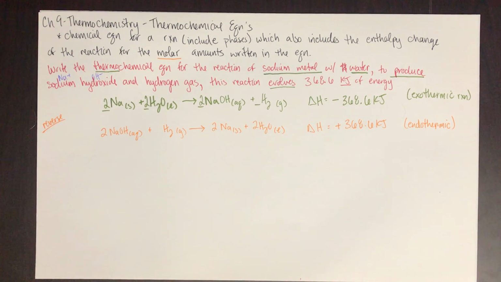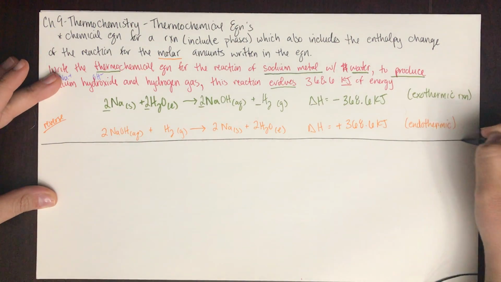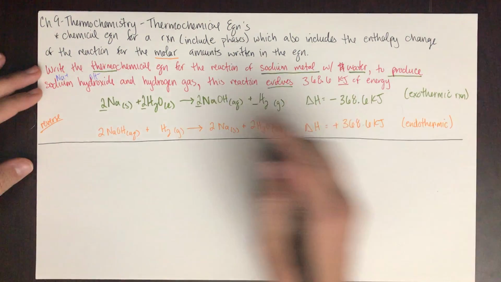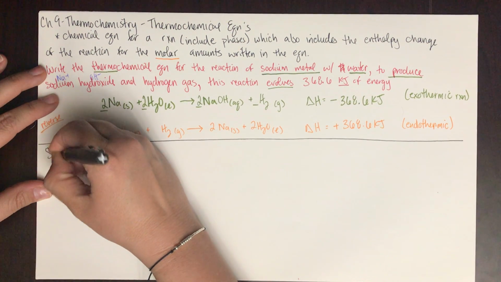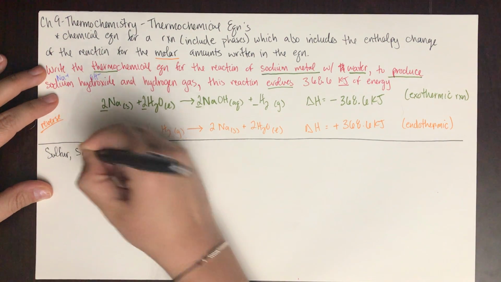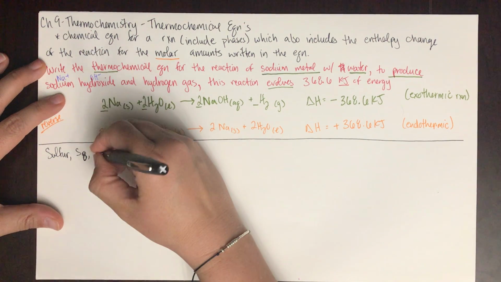Okay, so let's look at another example. Same thing. I'm going to write the equation from a word problem and then we'll go through it. So it says sulfur, and elemental sulfur is actually S8. I wouldn't expect you to know that. I would give you that. Burns in air to produce sulfur dioxide.